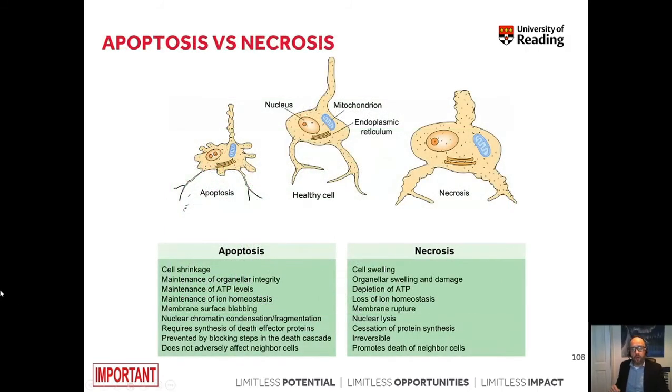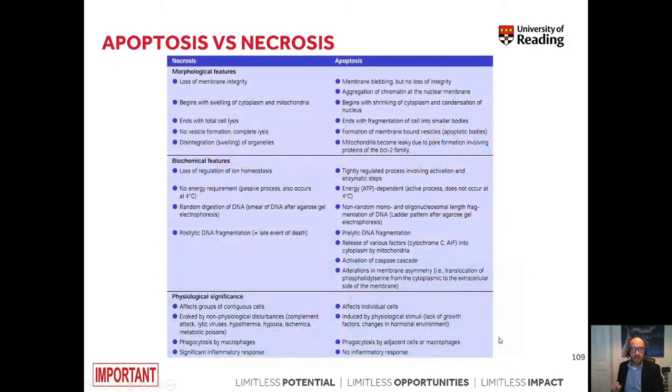So if we now compare both processes, then we will notice that there is cell shrinkage in apoptosis. In contrast, in necrosis, there is cell swelling. Again, necrosis leads to depletion of ATP. In apoptosis, those levels are maintained. And apoptosis does not adversely affect neighboring cells, whereas necrosis promotes cell death of neighboring cells.